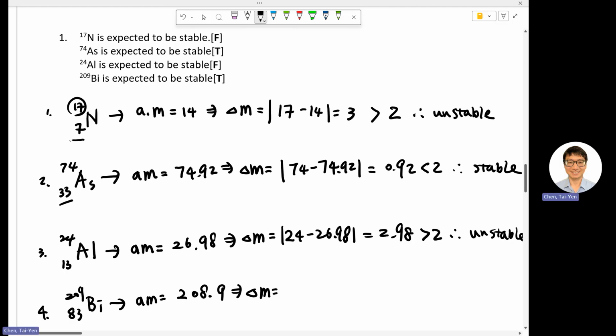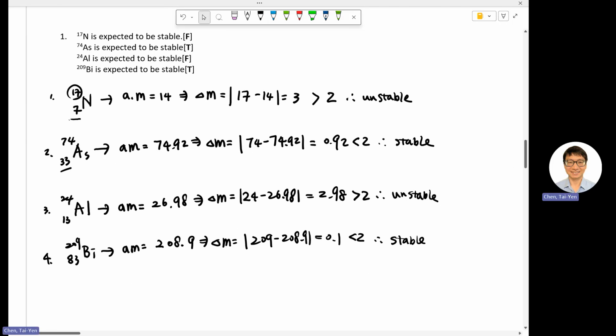Delta M equals 209 minus 208.9 equals 2.1, smaller than 2, therefore stable. Okay, so this is actually how you predict whether a given nuclear ion is stable or not by using your delta N. Okay, any questions for this?